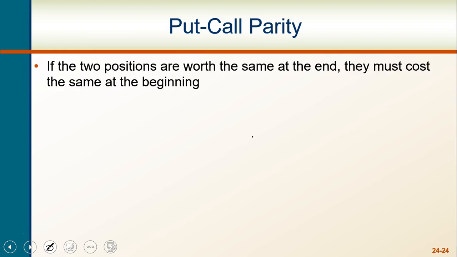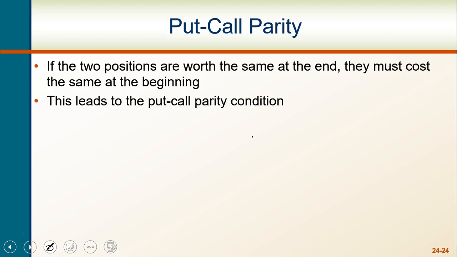I just said that if two positions are worth the same at the end, they must also cost the same in the beginning. Therefore, we can write down the put call parity condition as follows. On the left hand side of the equation you're seeing the protective put, where you have a share of stock and the put option on the same stock, S plus P. On the right hand side of the equation, you have the alternative strategy, where you have a call option and the present value of the exercise price.